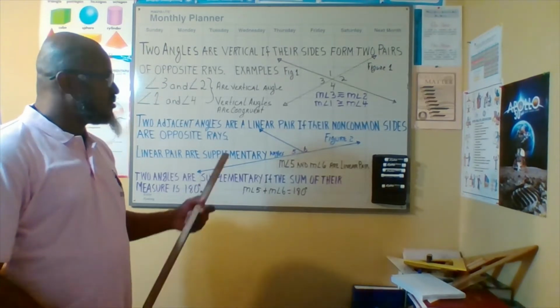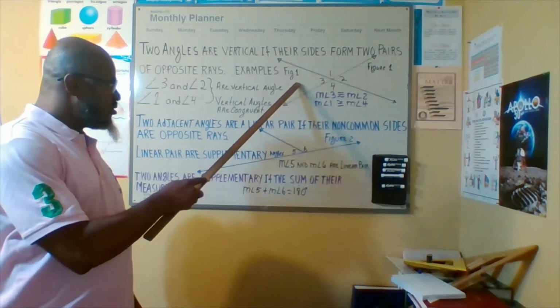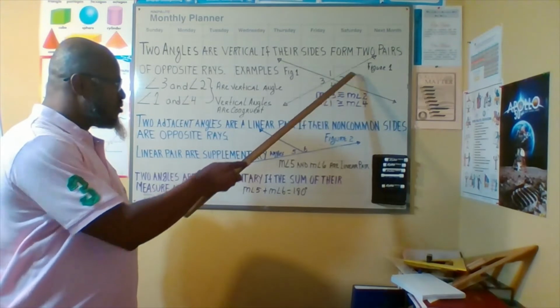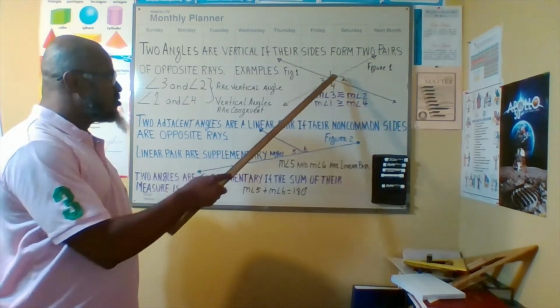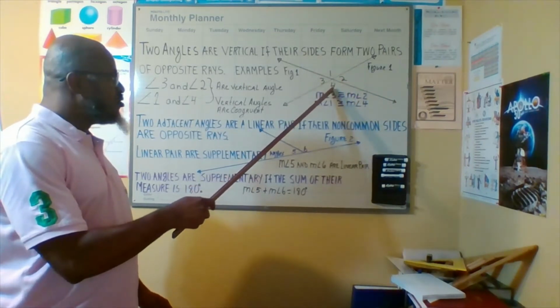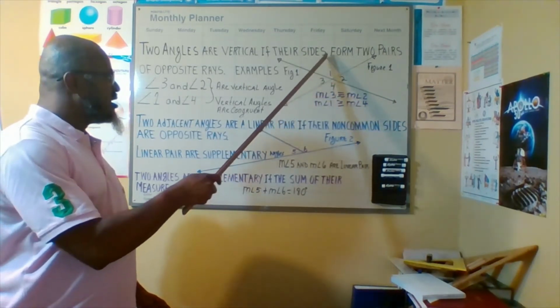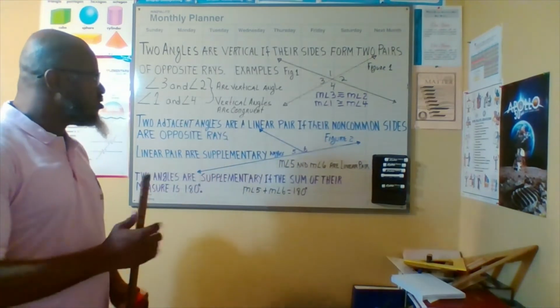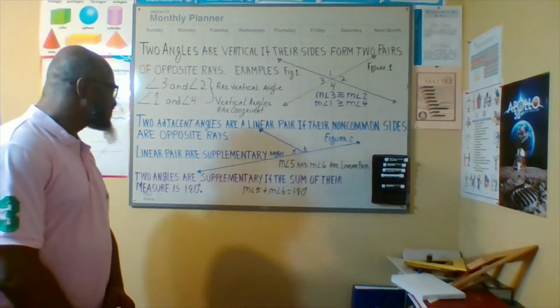For example, we said earlier angle 3 and angle 2 are vertical, so they are equal to each other. Angle 1 and angle 4 are vertical, so they are equal to each other. Vertical angles are always congruent.